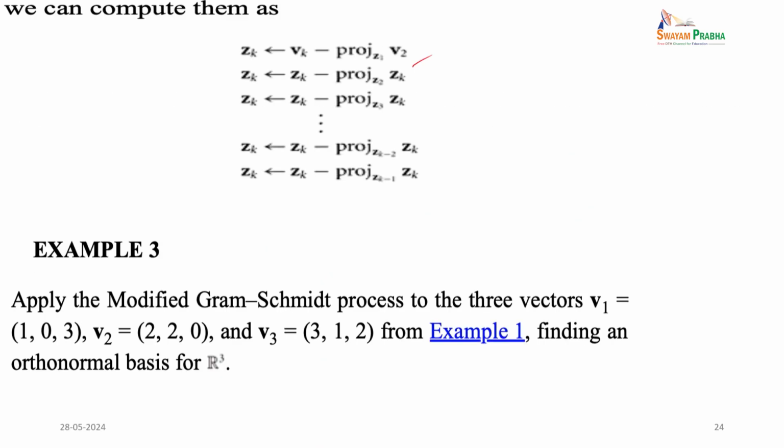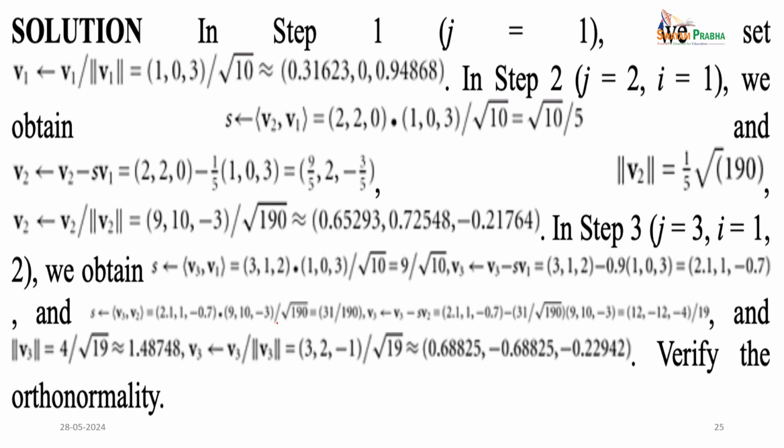Now, let us go through one example to understand the modified Gram-Schmidt orthogonalization process. Apply the modified Gram-Schmidt process to the 3 vectors V1 equal to 1 0 3, V2 equal to 2 2 0 and V3 equal to 3 1 2, as we earlier discussed with the normal Gram-Schmidt process, and find an orthonormal basis for R cube.